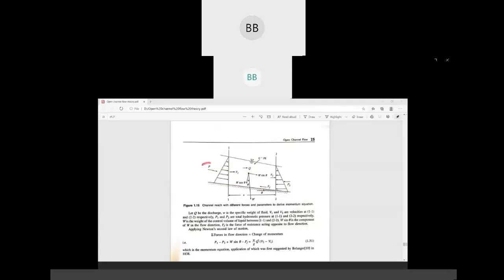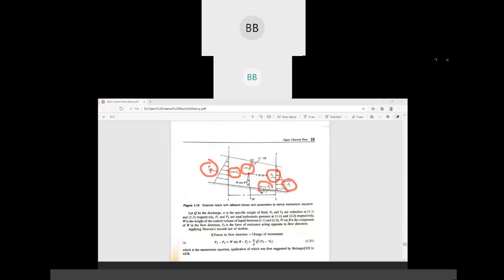So here pressure for section 1 is P1, pressure for section 2 is P2. These two pressures are hydrostatic. So these things we are going to discuss later on in detail. Velocity for section 1 is V1, and velocity for section 2 is V2. This is your discharge, and definitely at the bottom of the channel we have friction.